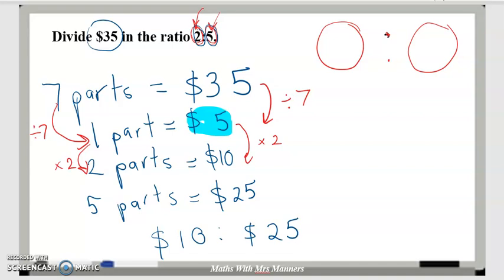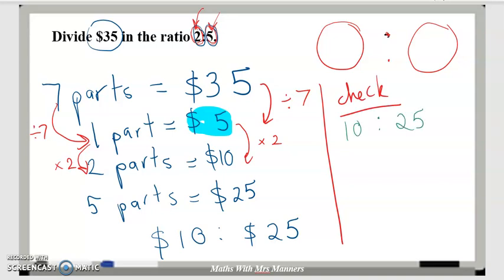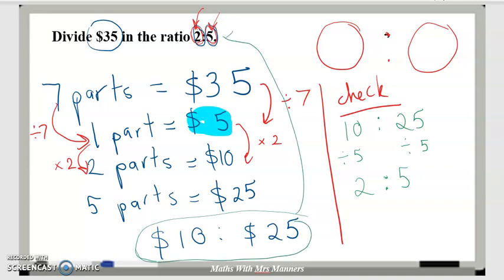And the way we can check that my answer is correct, just a little check on the side, is if I take the quantities of $10 to $25, I can reduce the ratio using the method we learned in the previous video on how to reduce ratios by dividing by the highest common factor. 10 divided by 5 is 2, and 25 divided by 5 is 5. So it does show me that I have in fact divided this $35, these two quantities, in the ratio 2 to 5.